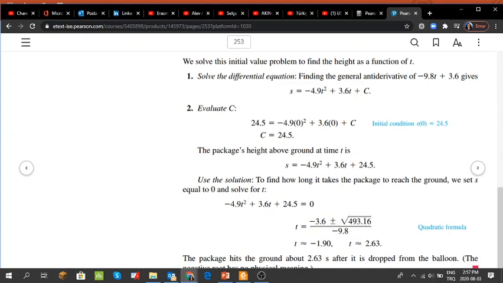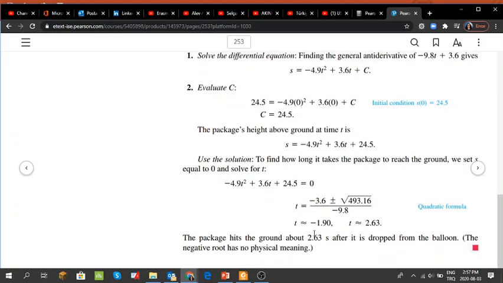You get this number over 2 times a. 2 times this, negative 4.9, is negative 9.8. This is the quadratic formula. From here, we use our calculator to find t is negative 1.90 or t is equal to 2.63, but t can never be negative, so the package hits the ground after 2.63 seconds, okay? So we found the answer.